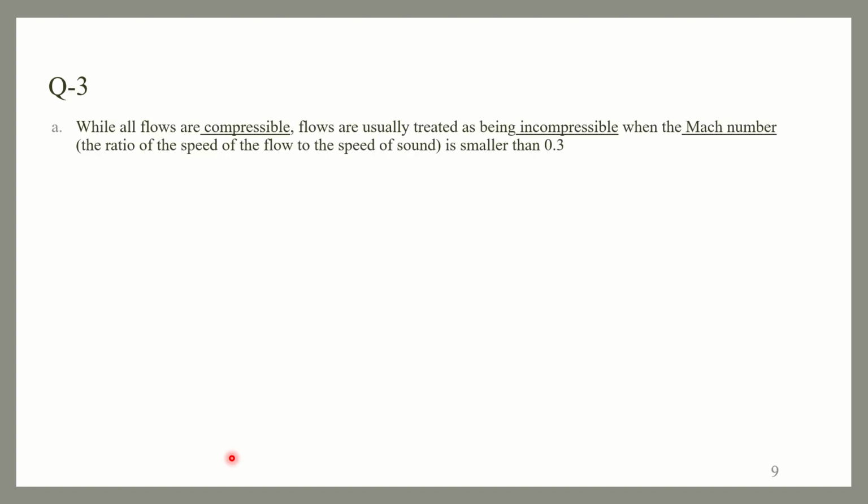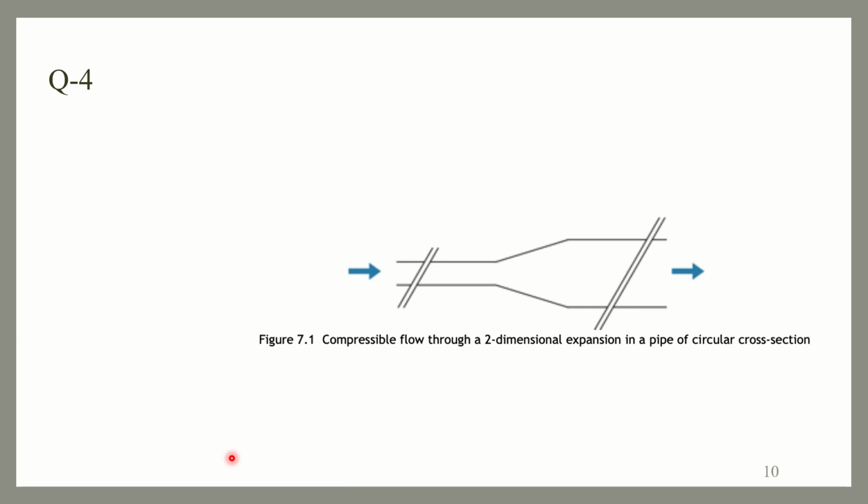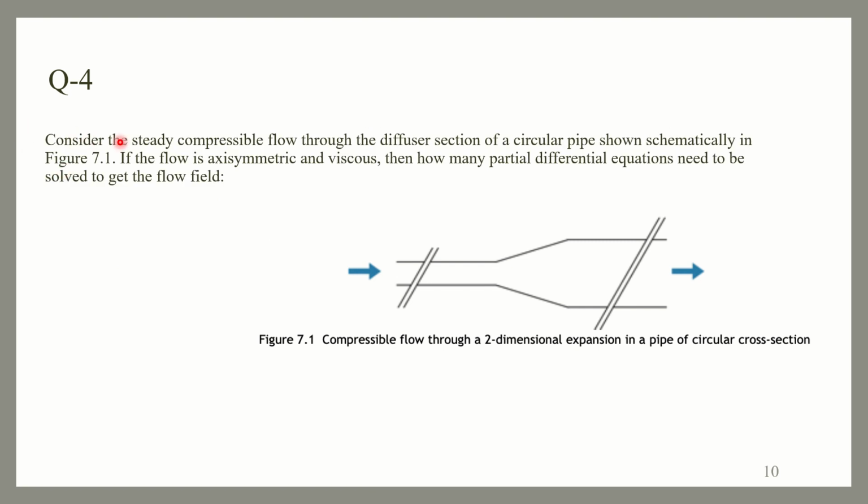We'll go to question 4. In question 4, it is asked: consider the steady compressible flow through the diffuser section of a circular pipe shown in 7.1.